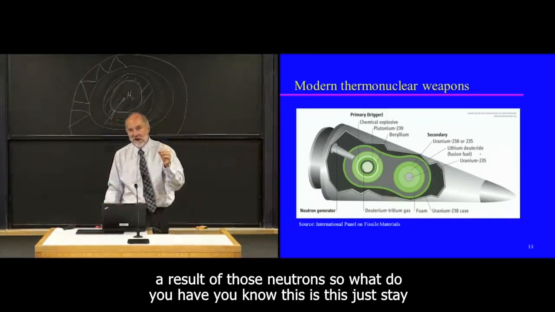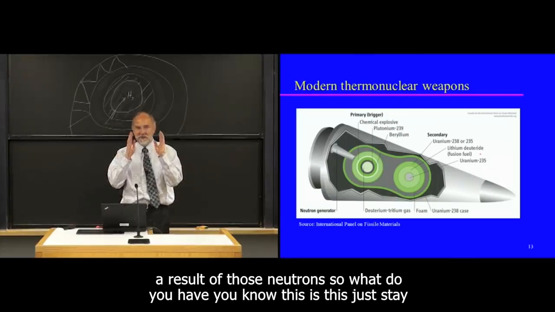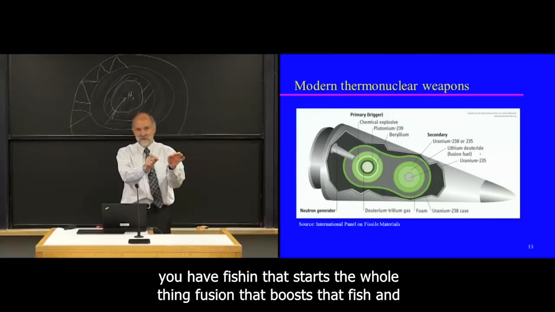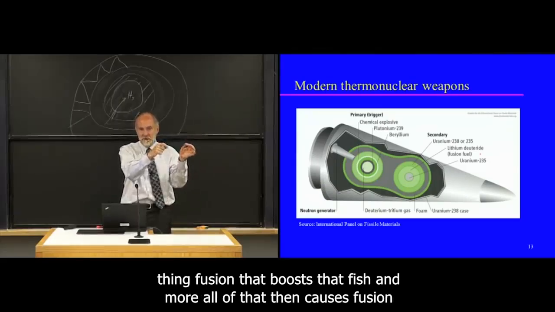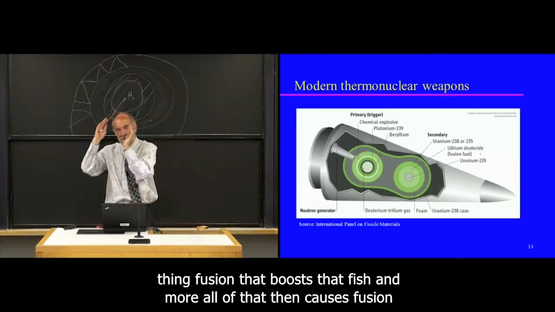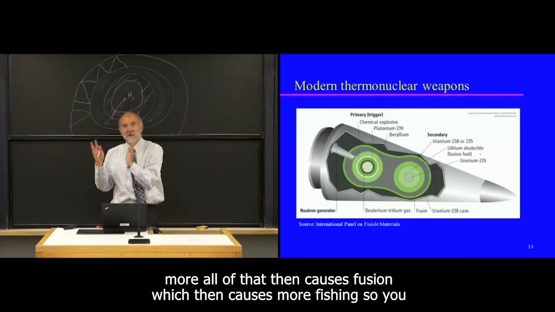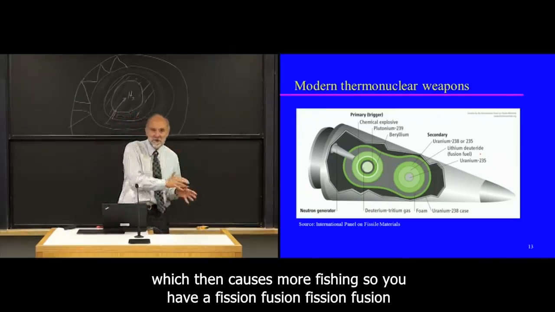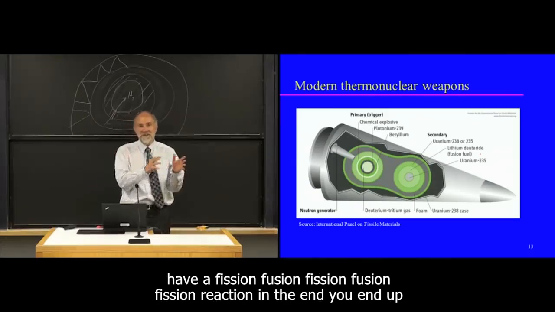So what you have, now just stay with me for a minute. You have fission that starts the whole thing, fusion that boosts that fission more. All of that then causes fusion, which then causes more fission. So you have a fission, fusion, fission, fusion, fission reaction.